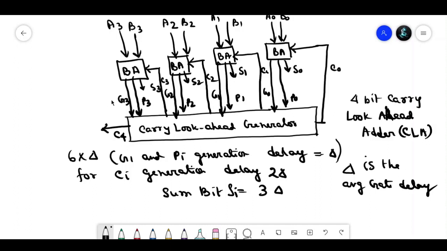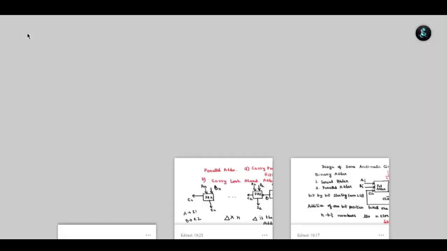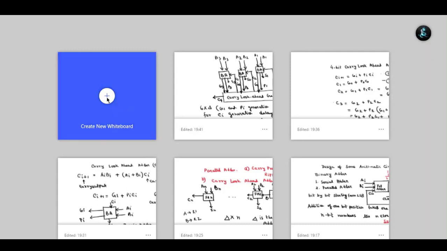So now we will do the binary incrementer and binary decrementer. Now the binary incrementer circuit.